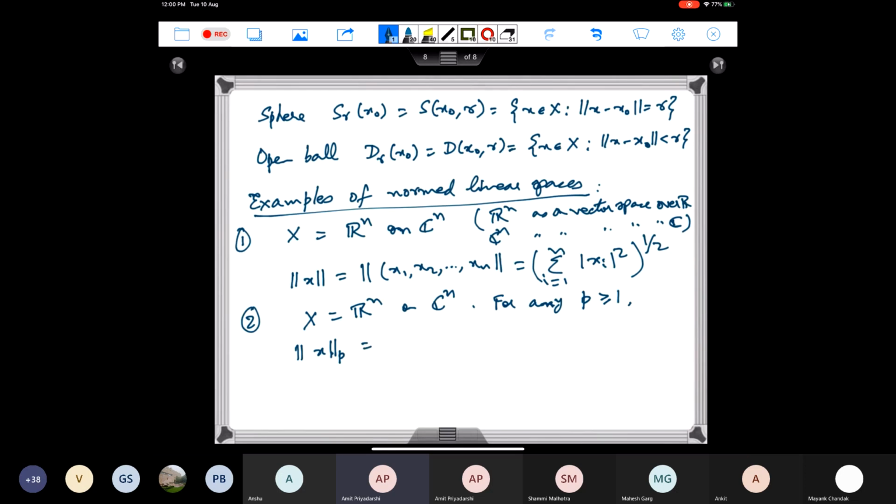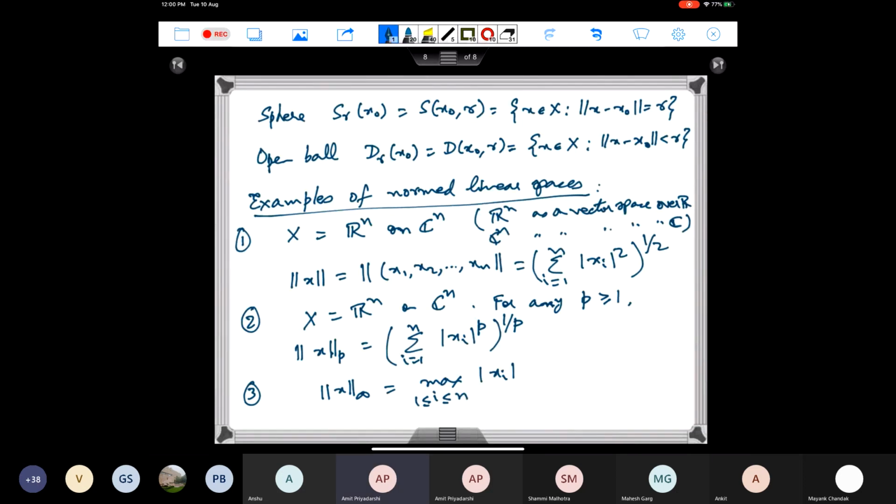This is equal to the summation of mod x_i to the p, raised to the power 1 by p. And we can also define the norm x infinity, equal to the maximum of mod x_i, where i is between 1 and n.